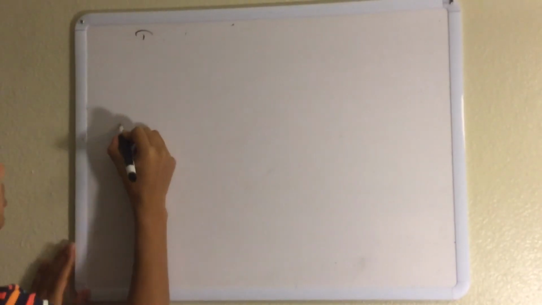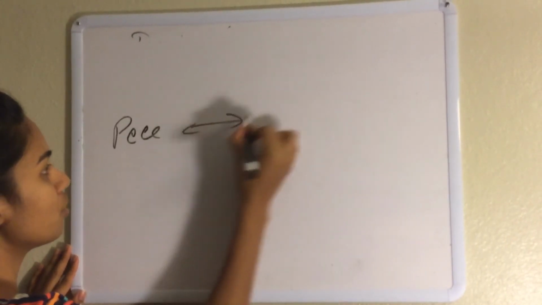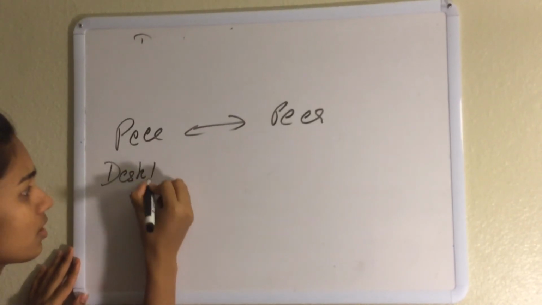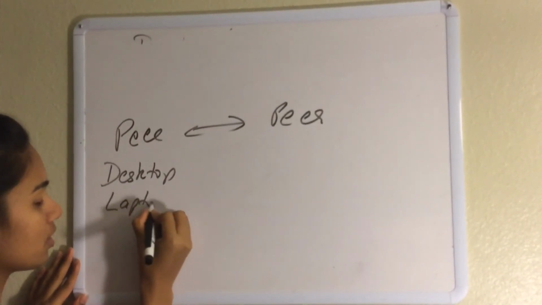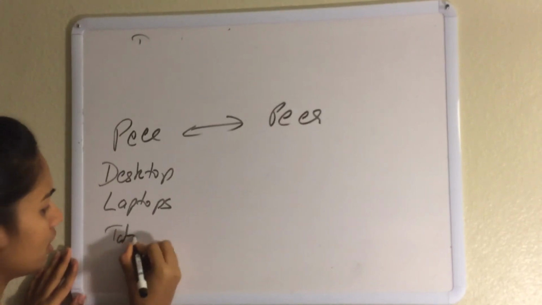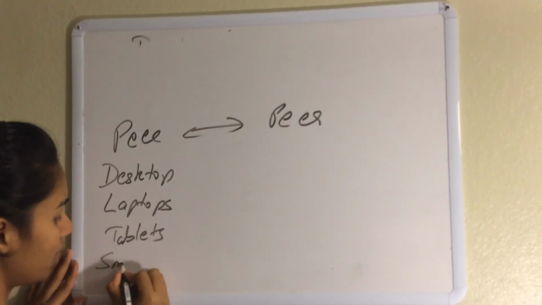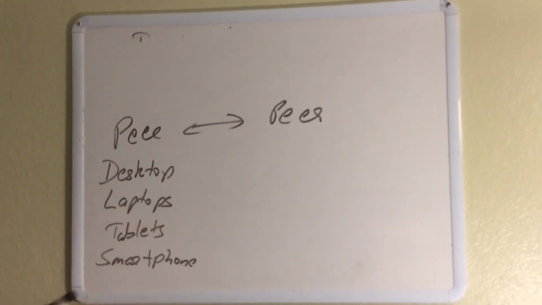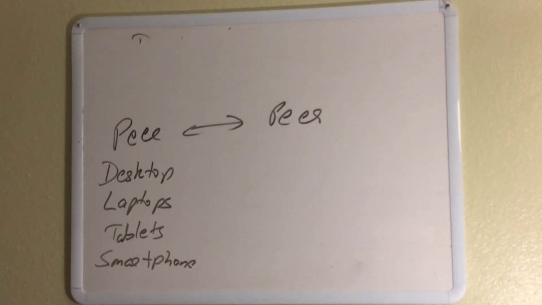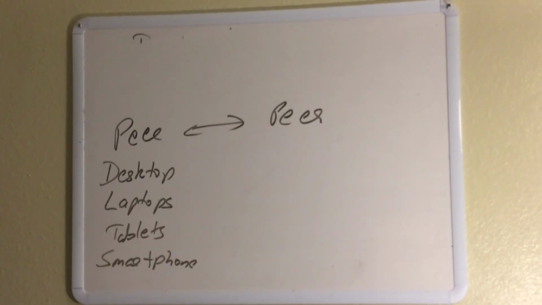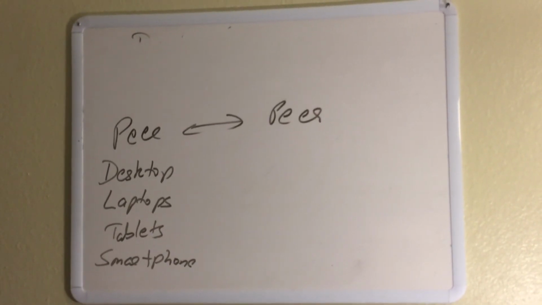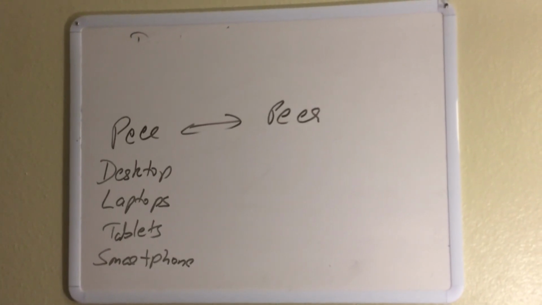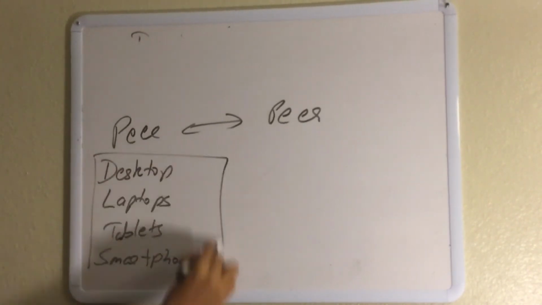We can have desktops, laptops, tablets, and smartphones, and these devices can directly communicate with each other. Also, as there are no servers as such, there are no service providers that own these peers. It's just the users who own these devices.